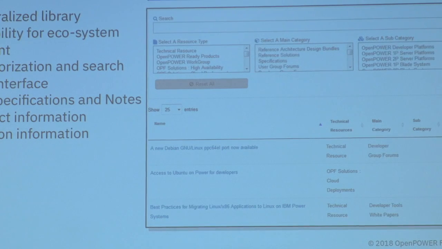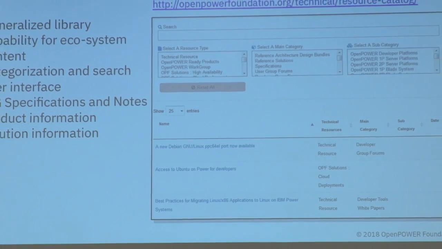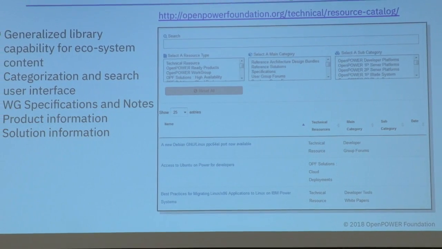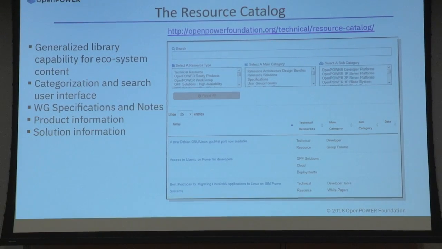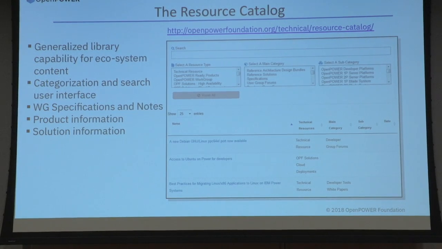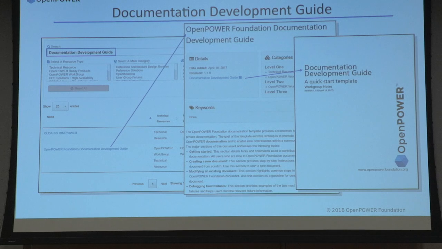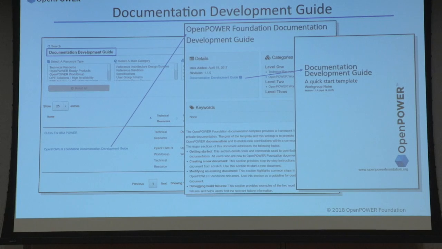So let's go back here, go page down one. The resource catalog link mentioned up there takes you to that page where, as I've sort of cut out, you have this ability to search all documents. The key document that we work with here out of the resource catalog is what we call the Documentation Development Guide. It is a document telling you how to develop documents inside of the foundation.